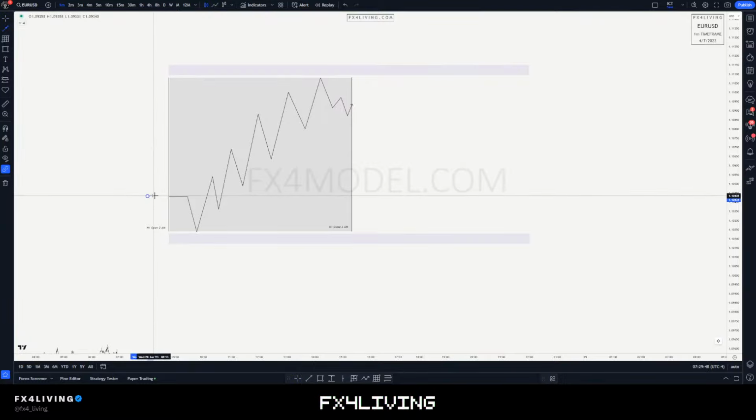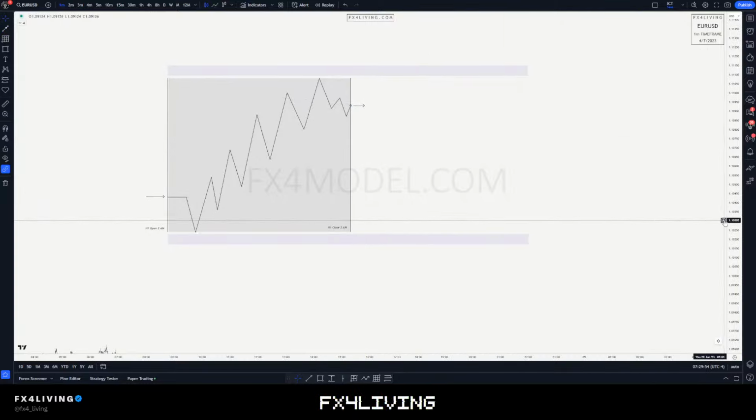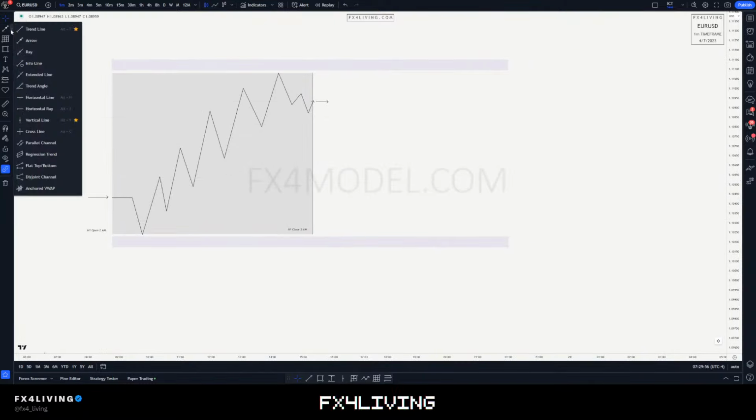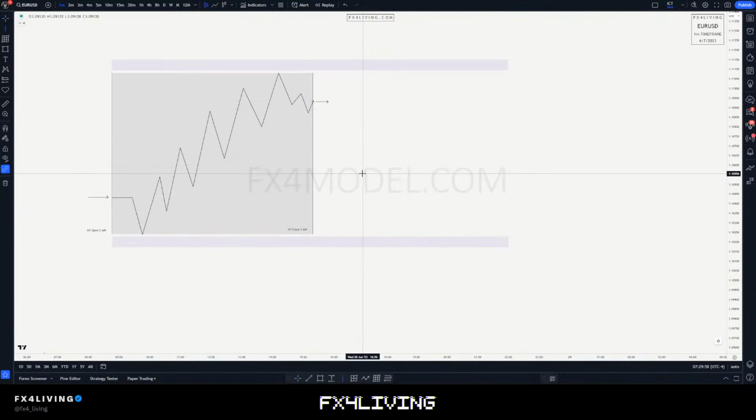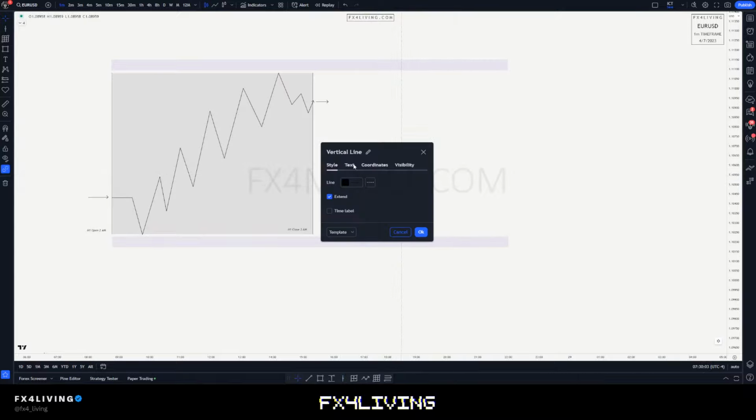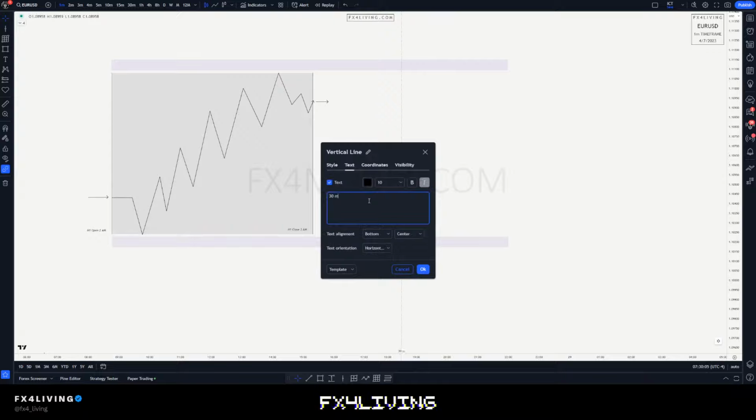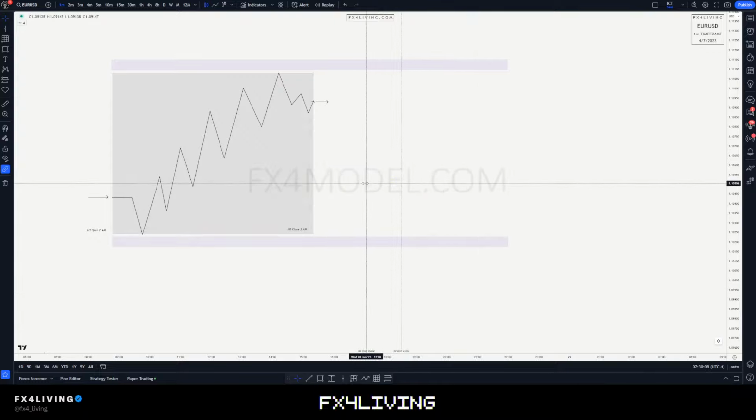So this was your open of the previous candle, and this was your close from the new candle. So what do you want to see, right? What can we mark? We can mark the 30-minute close, because it's an important close.